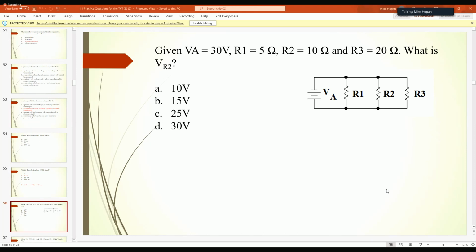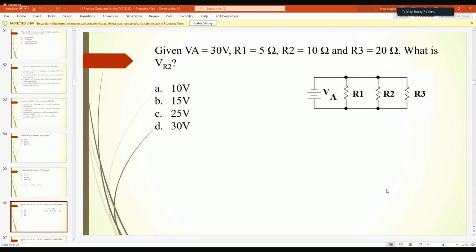So given 30 volts applied, we've got 5 ohms, 10 ohms, and 20 ohms. What's the voltage across R2? 30 volts. 30 volts. How'd you get 30 volts so quick?